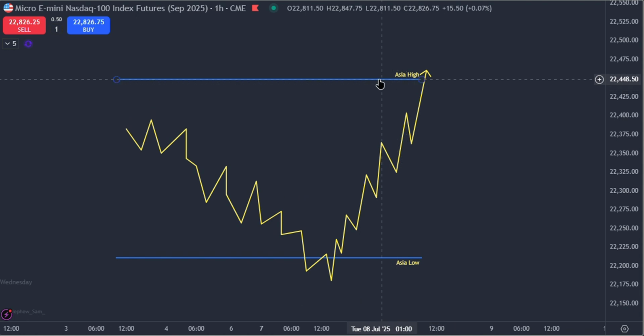So, what else can you look for with this time-based liquidity? You're going to look for your Asia highs and lows. You want to look for your previous day's highs and lows. That's mainly what you're going to look for during the London session.